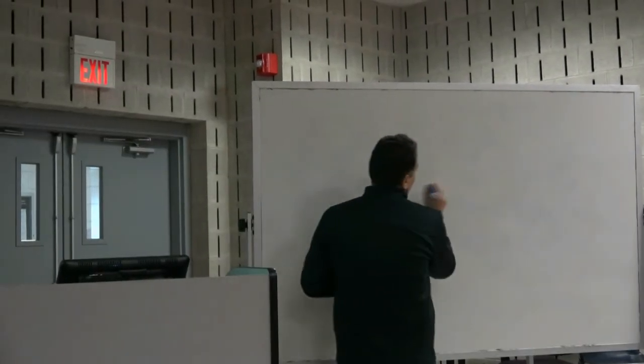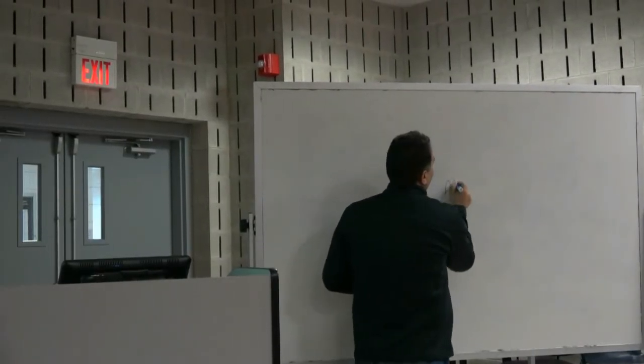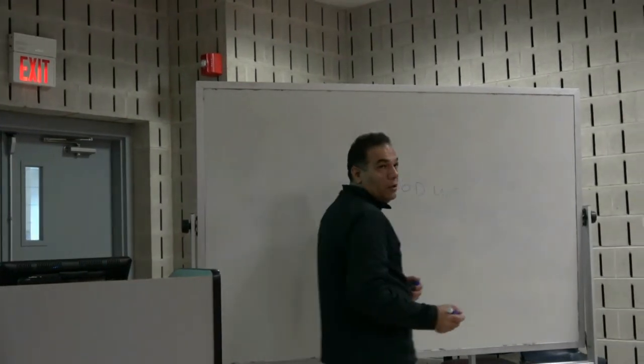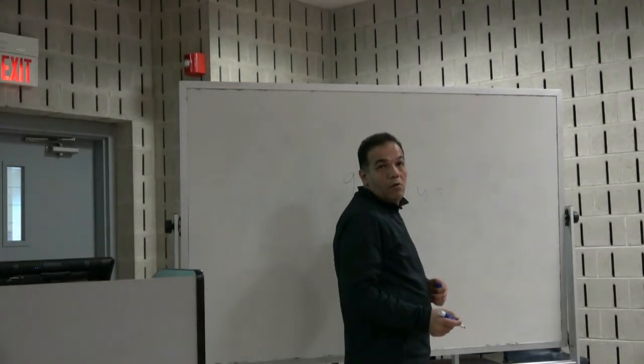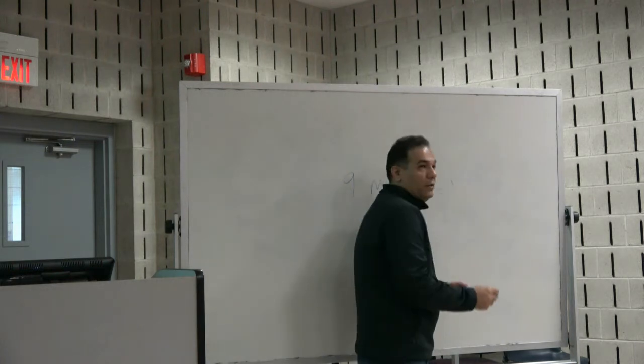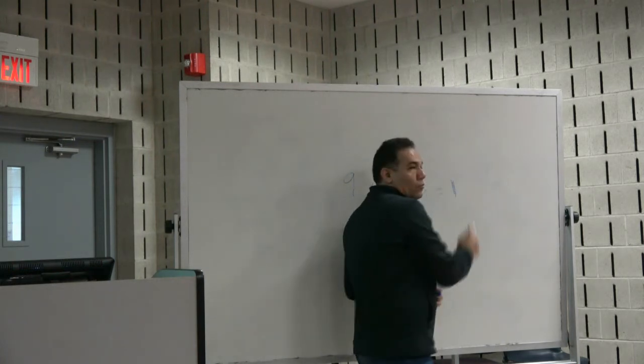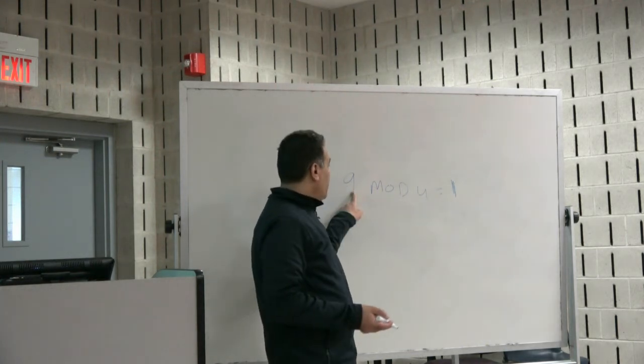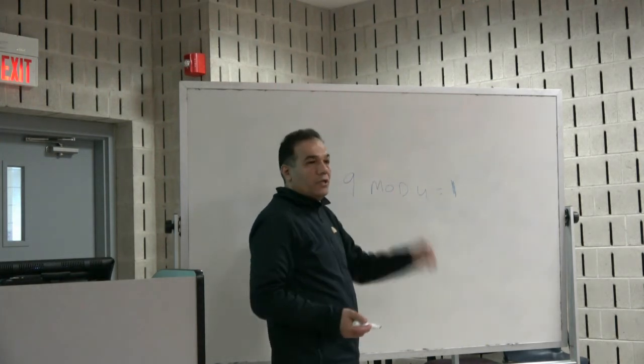So when you say, for example, 9 mod 4 equals how much? 1, right? 1, which is the remainder, because 2 times 4 gives you 8, and the remainder is 1.